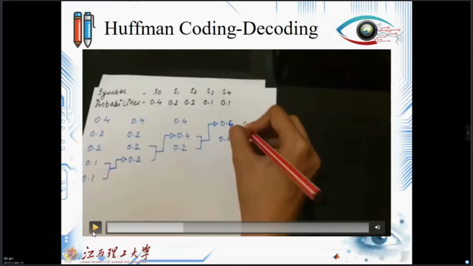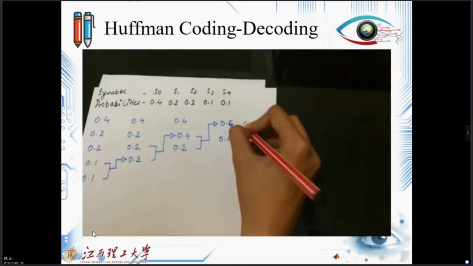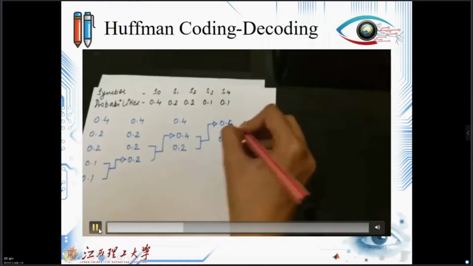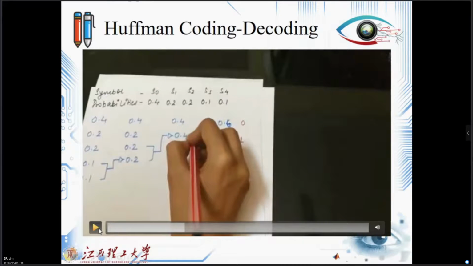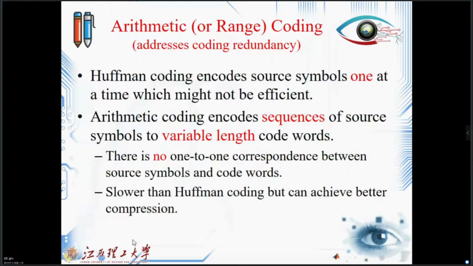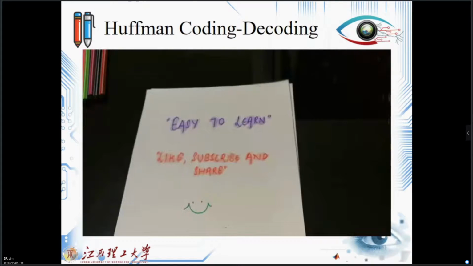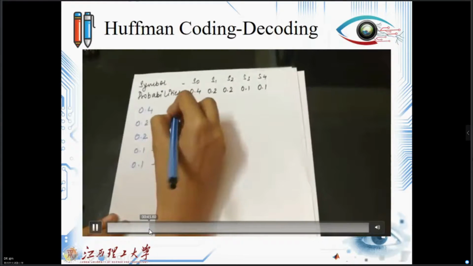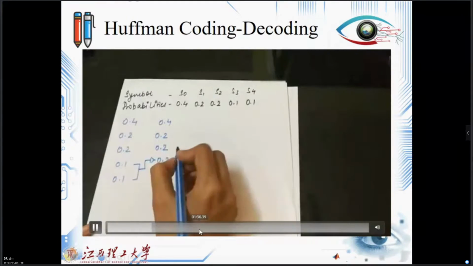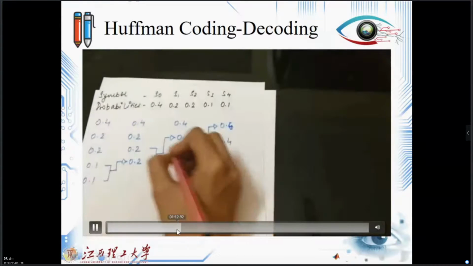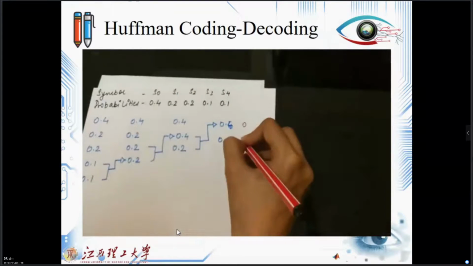Now we will assign codes to these probabilities. We give the upper one 0 and the next one 1, and then we step back. We assign 0 and 1 to these probabilities and try to step back like that.